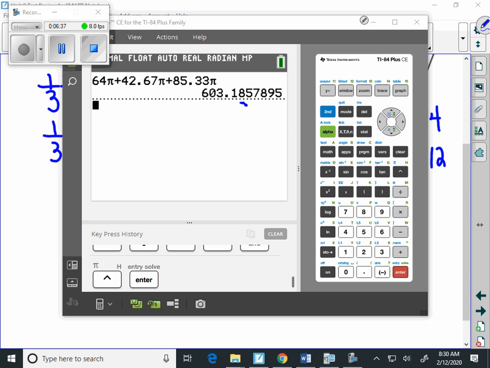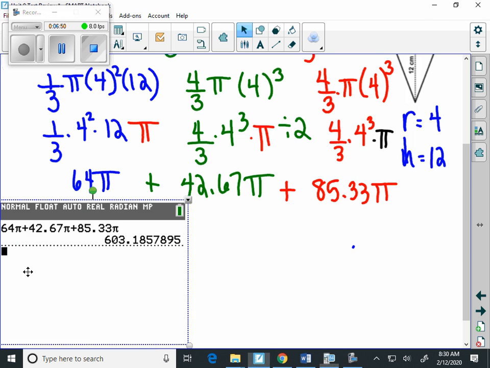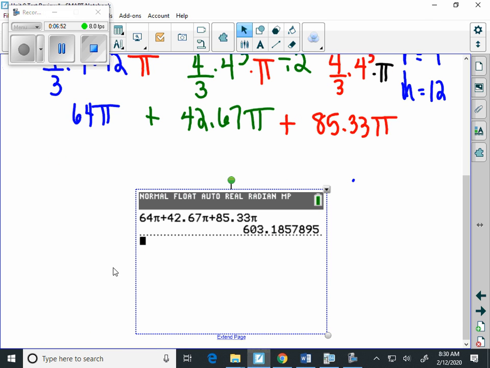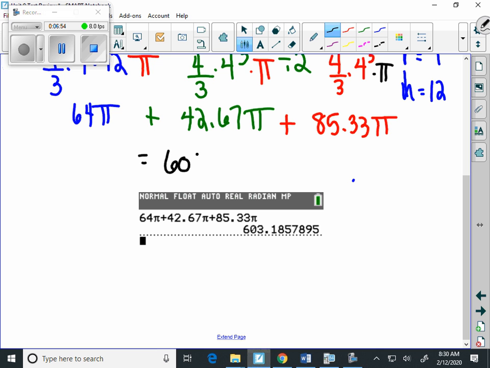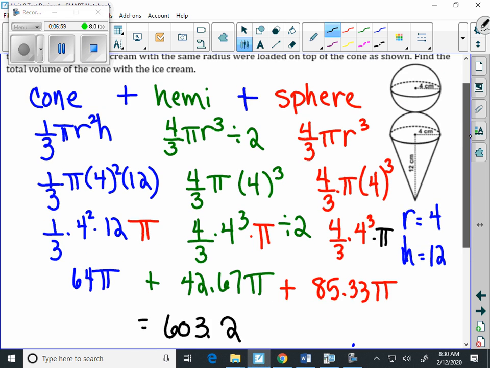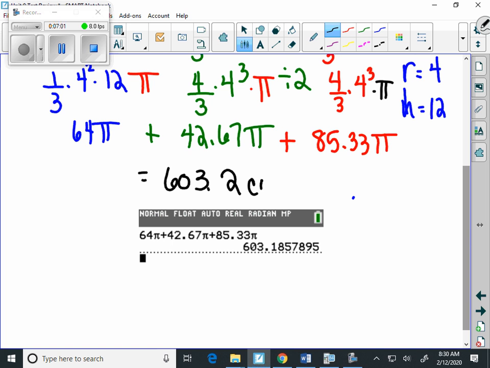So we're looking at the 8 to determine what to do to the 1. Because 8 is 5 or higher, we're going to round that 1 to a 2. So it's going to be 603.2. And our units are centimeters cubed, cubic centimeters for our ice cream cone.